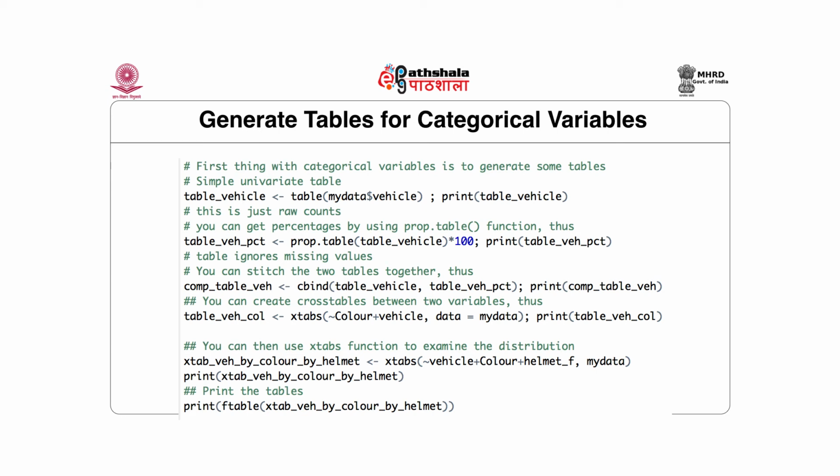Which means when you convert it into a table, you are actually converting that into a matrix. And that matrix is an argument that you pass into the prop.table function, so that the matrix will now create its own proportional representations of each of these categories. So prop.table of the table object, then you multiply that by 100 and you get the percentages of each of these individual categories of that matrix or the table.